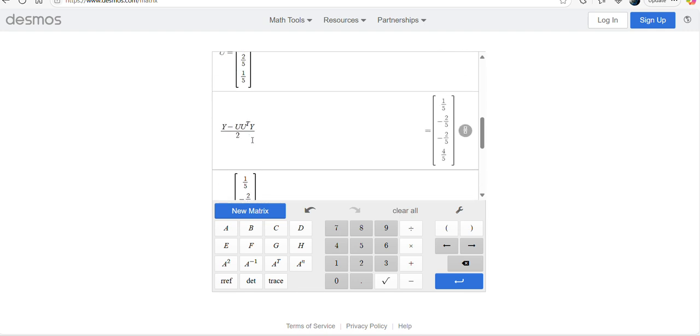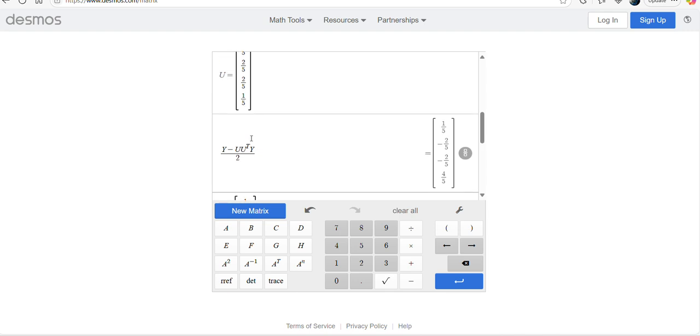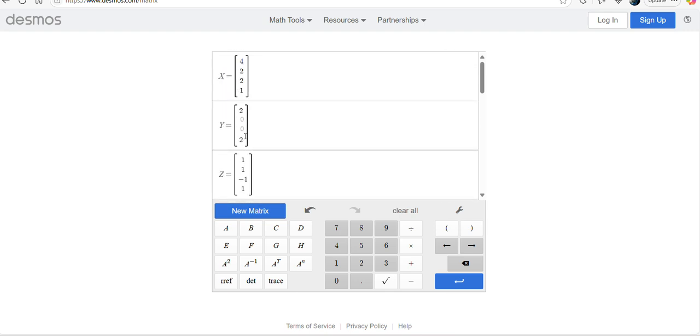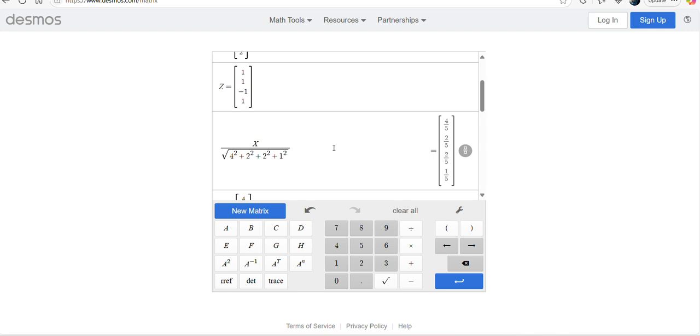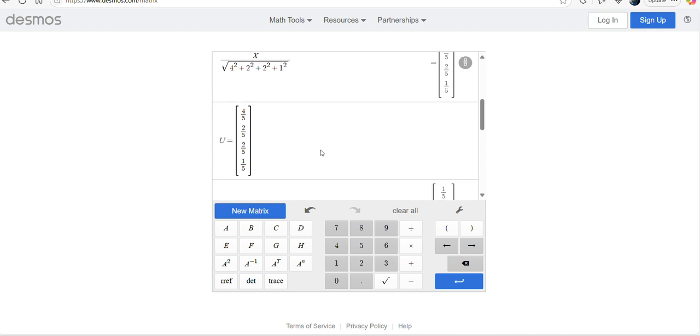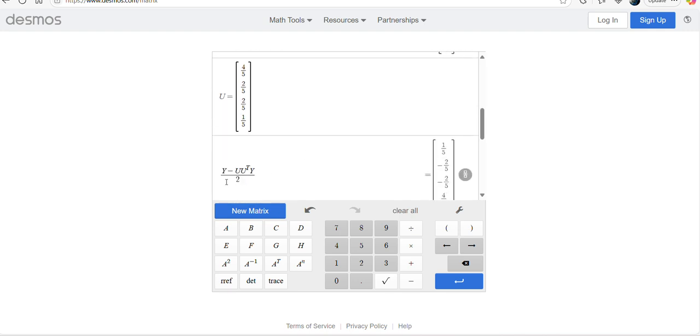And so that matrix becomes your U1, right? Can you scroll up to the first unit vector? So that's my normalized vector, and then we did the same here.